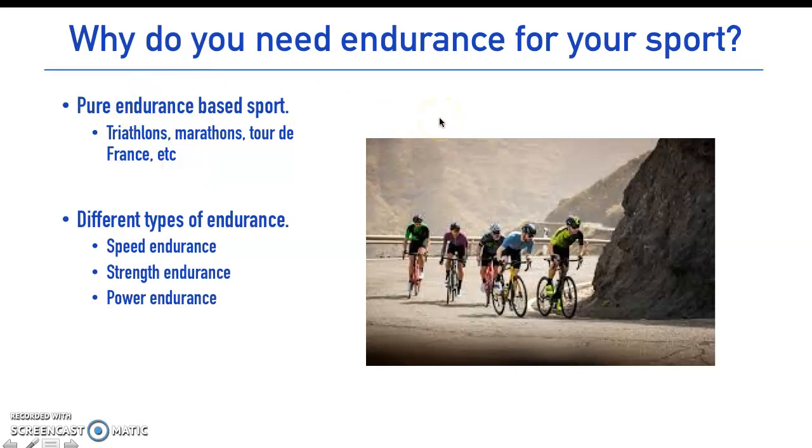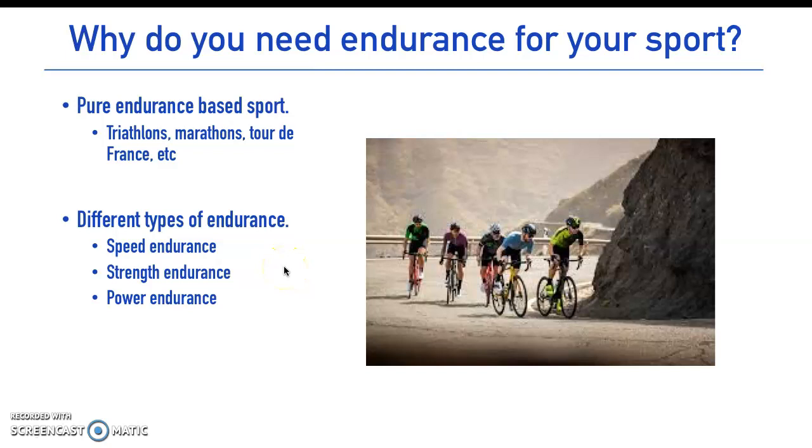As a quick example, if we are playing football, players run a long distance in the total game. They run between 7 to 9 kilometers in a game. But during that game, they have a lot of sprints that they need to do to chase the ball, so we've got speed endurance in there as well.